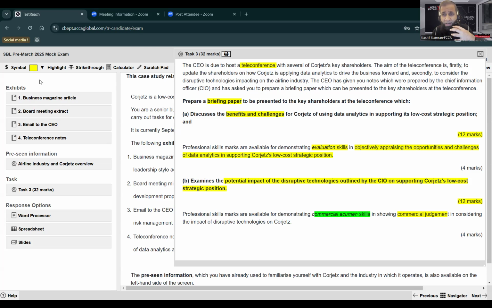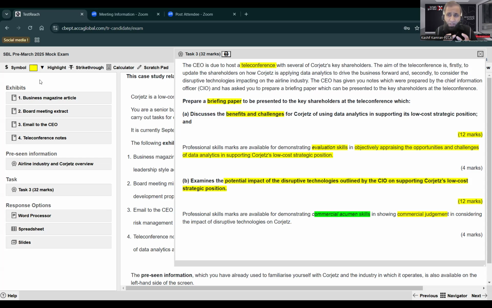So either the disruptive technology will be having a favorable impact on you, your profits will go up, your cost will go down, or it will have the vice versa impact. Might be your cost goes up and your profit comes down. So you need to exercise the commercial judgment. You need to think about your profits and cost, and you need to think about your reputation all across when you're writing the potential impacts.